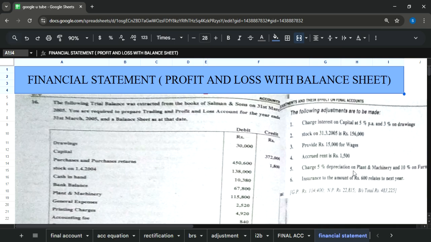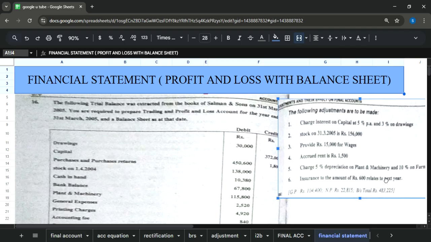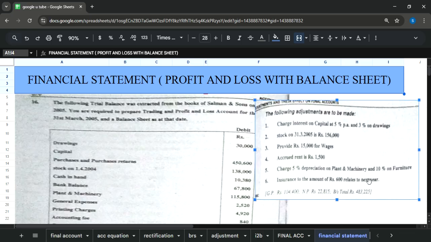5% depreciation is calculated. Next, same adjustment number but second part, 10% on furniture. Since we have a little less space, charge depreciation on furniture 10%.